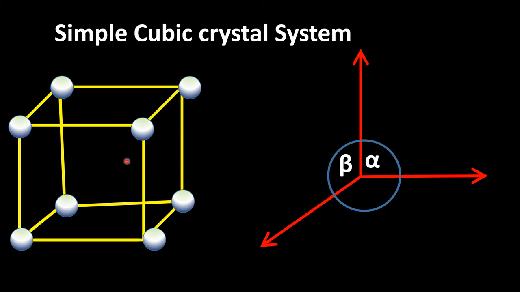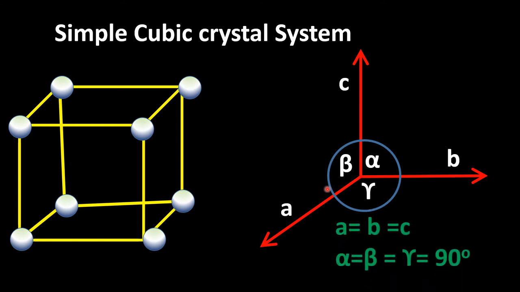This one is the angle beta, which is between these 2 axes, and this one is our angle gamma, and these are the axes A, B and C. This one is A, this axis is B, and this axis is called C.